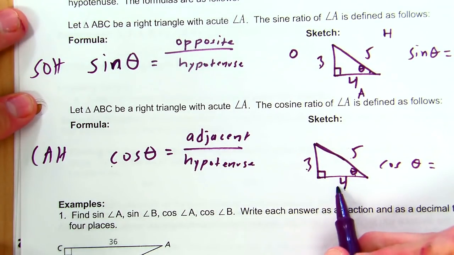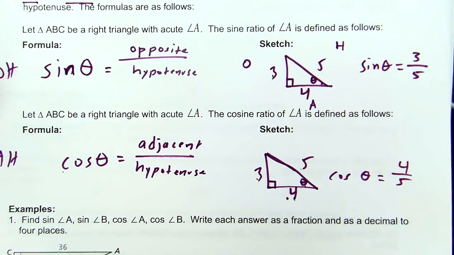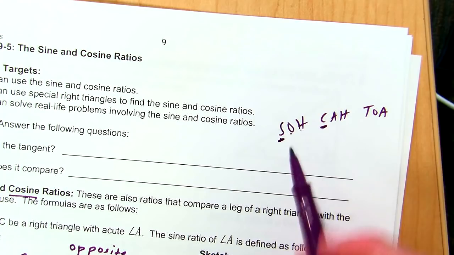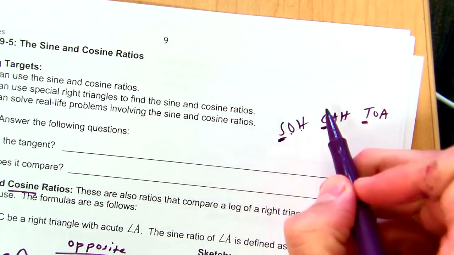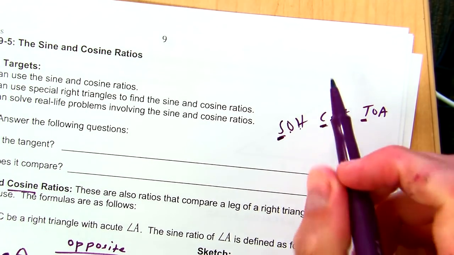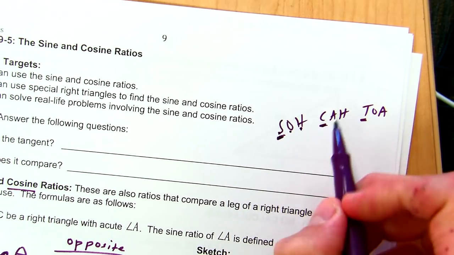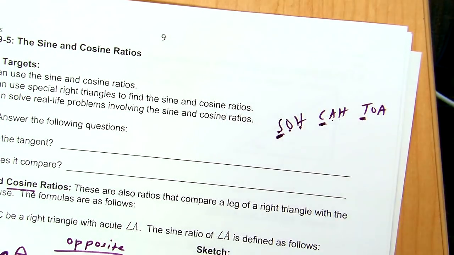Cosine is adjacent over hypotenuse, which in this case would be 4 over 5. Okay? So, general recap, SOHCAHTOA is an acronym to remember sine, cosine, and tangent, and then the ratio. So sine is opposite over hypotenuse, cosine adjacent over hypotenuse, tangent is opposite over adjacent.